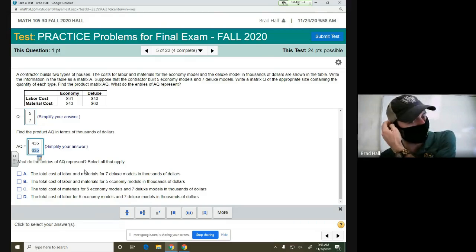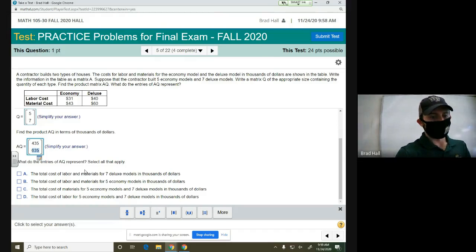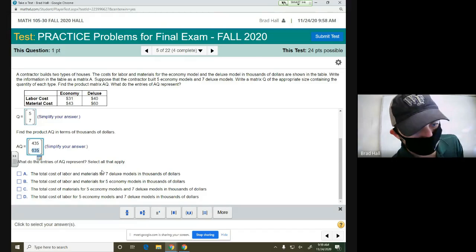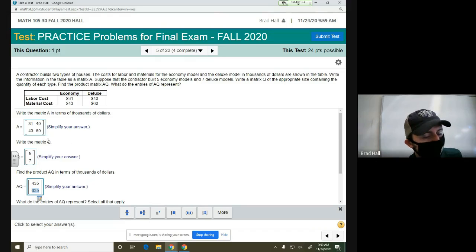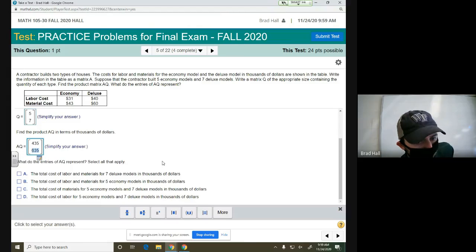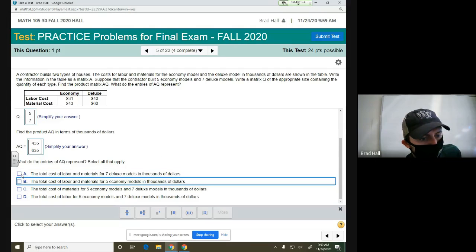And so the entries, they want us to select all that apply. So because our matrix Q had 5 for the economy models and 7 for the deluxe models, this actually tells us the total cost of labor.